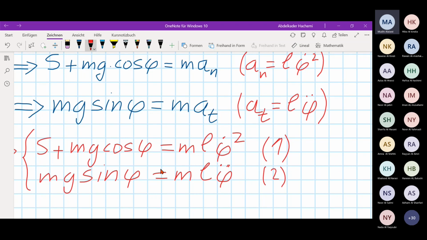Okay, what is known, what is unknown? Unknown is the rod force S, phi dot and phi double dot. Then we have three unknowns, and we have only two equations. The system cannot be solved. We will see how to solve such a system.